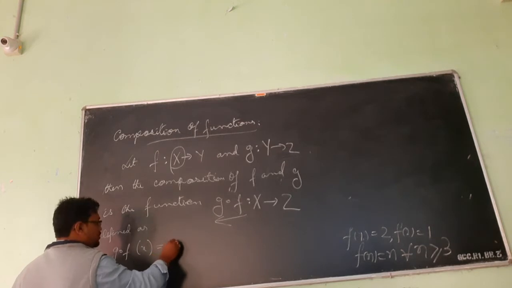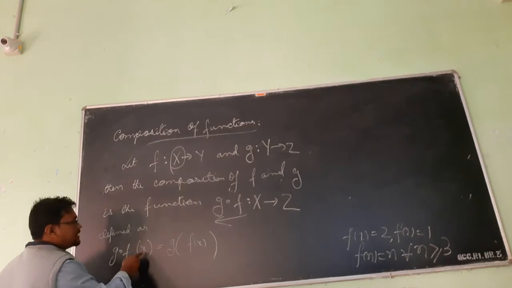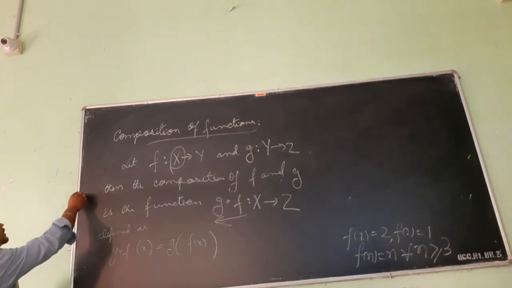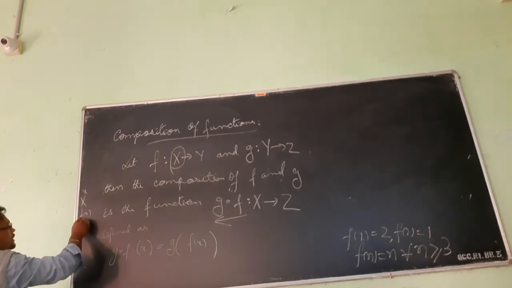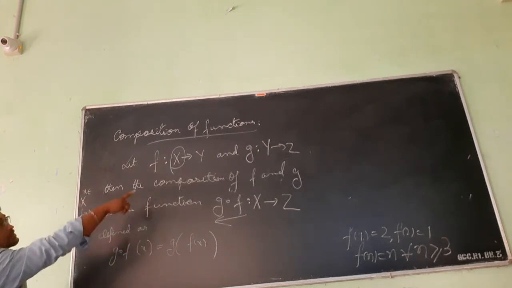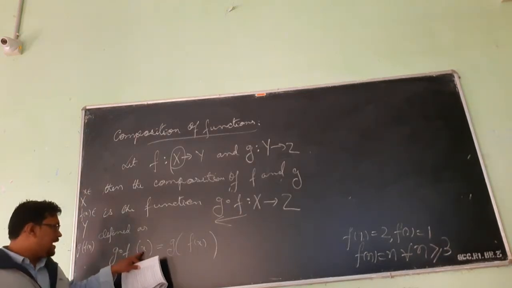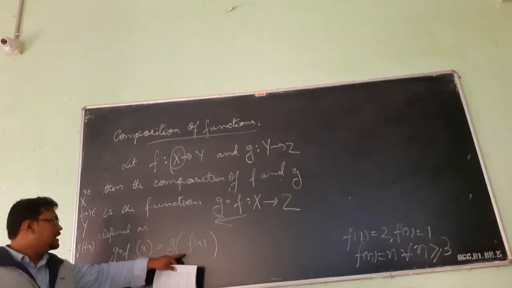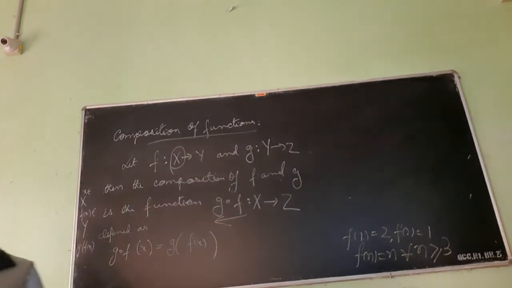That particular element goes to g of f(x), because f(x) is an element of Y. x belongs to capital X, so f(x) belongs to capital Y. But g is a function from Y to Z, so g of f(x) will belong to Z. So that is the definition. First we find the image of x under f, and then we find the image of f(x) under g.